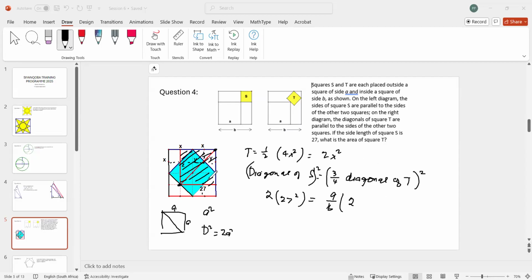But the side of T is 2x. I'm sorry. The side of T is that one there. Okay, so it's twice.